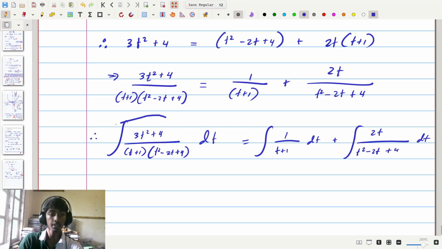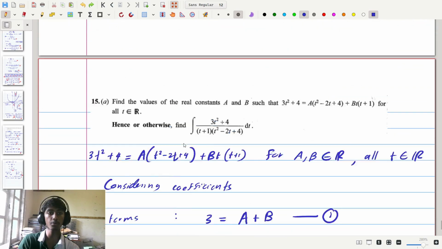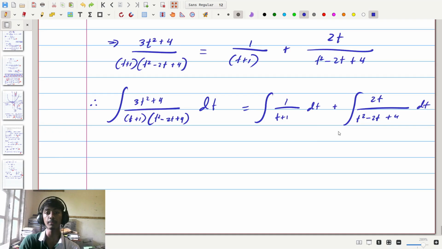Now we can see this is exactly what we wanted in the question. We wanted to find the integral of this term, which is now equal to the integral of this term and this term.